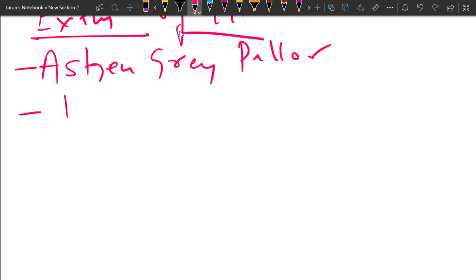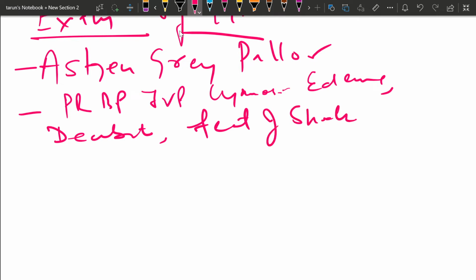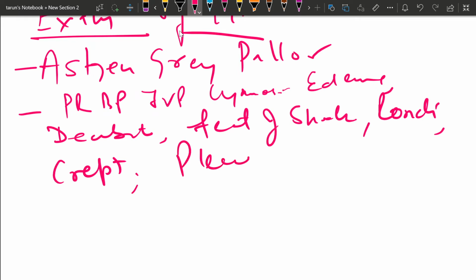Then you will note down the pulse rate, blood pressure, jugular venous pressure, and cyanosis, edema, decubitus, features of shock, rhonchi, crepitations, pleural rub. These should be searched and examined.